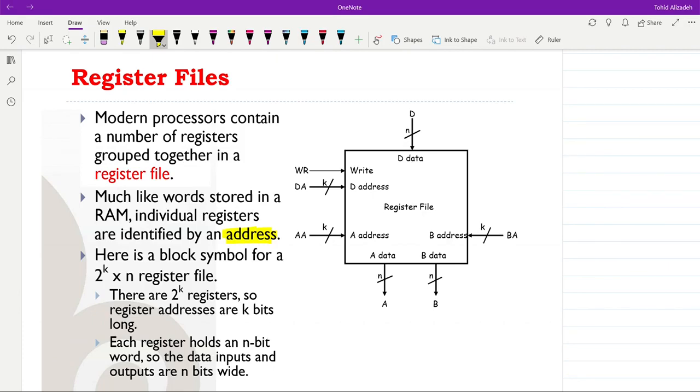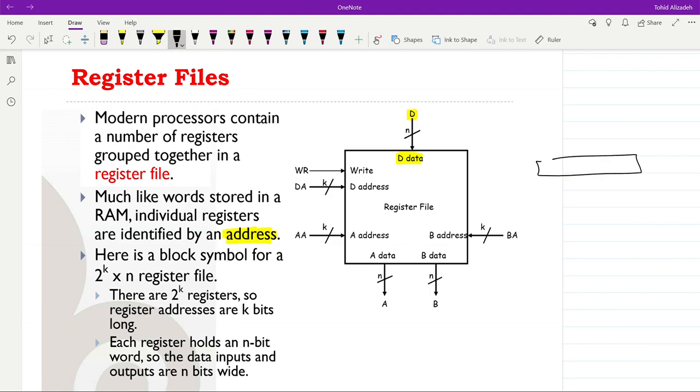So for the register file, we need to have a couple of inputs. We have the D data, which is the input data, and we assume that each one of the registers that we have has a number of bits.